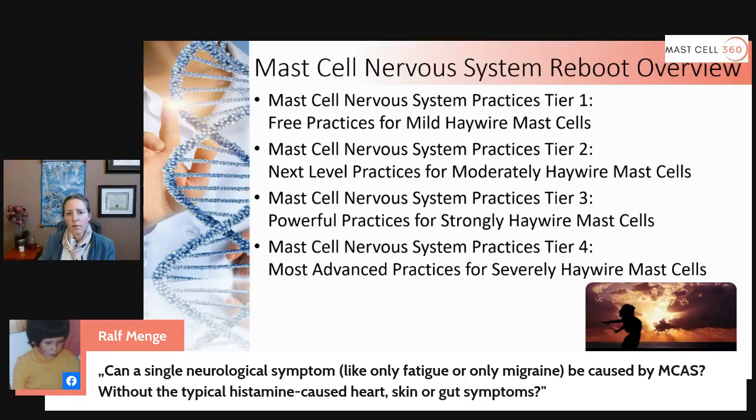Fatigue generally can be considered neurological, sometimes it's considered systemic, and migraine would be considered neurological. But migraine can be structural, like issues with the upper neck. So sometimes people have more symptoms than they realize. I don't really know the rest of your situation, but I hope that got you a little bit of info.